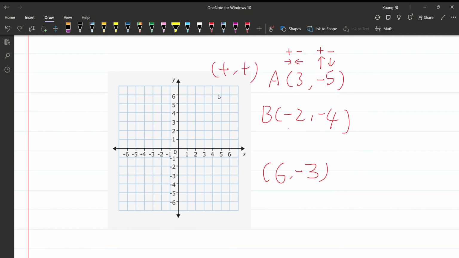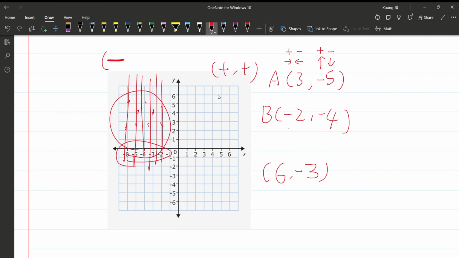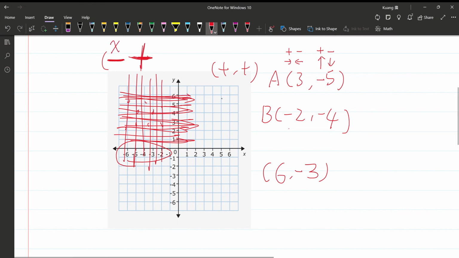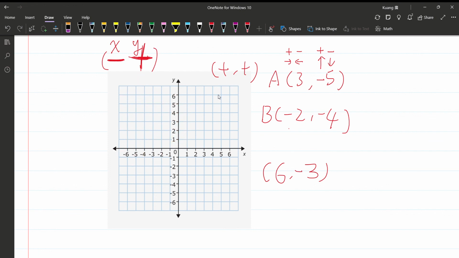For quadrant 2, no matter where you are in quadrant 2, when you draw a vertical line, you will get a negative value. So the x-coordinate is always negative in quadrant 2. However, no matter where you go, the y-coordinate will be positive. So negative for x, positive for y is for quadrant 2.